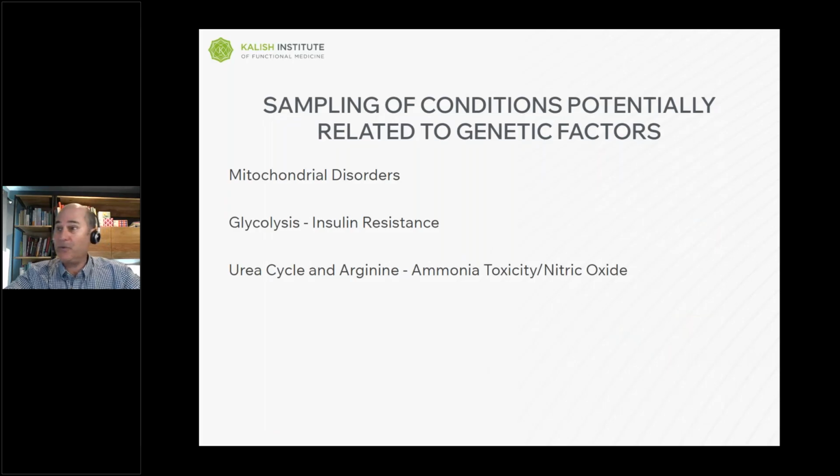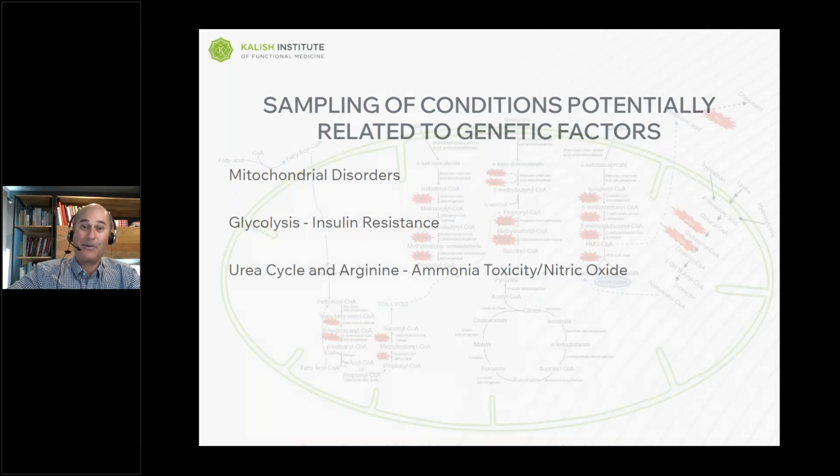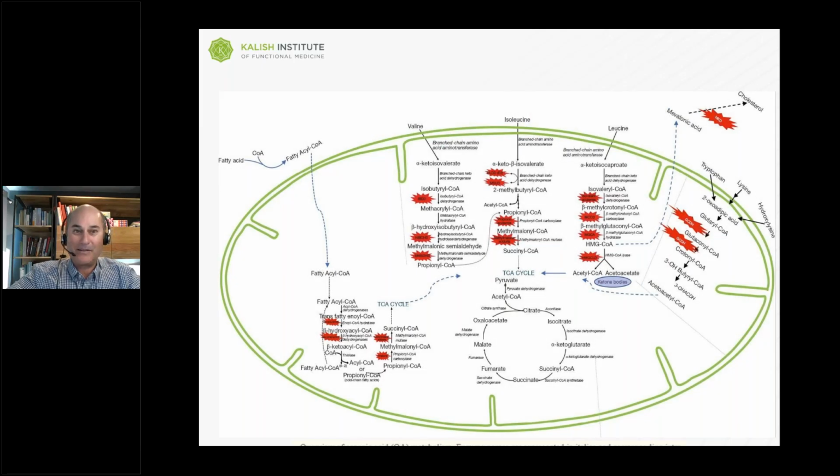I'm just going to show you a few here because I don't want to overwhelm you, but there's mitochondrial disorders that can be genetically related, insulin resistance problems for sure, and the classic of them all is the urea cycle. And these are all on the organic acids test that we're looking at all the time. I don't want to overwhelm you with too much, but that gives me a headache just looking at that one. But the idea is that it's complicated, okay?